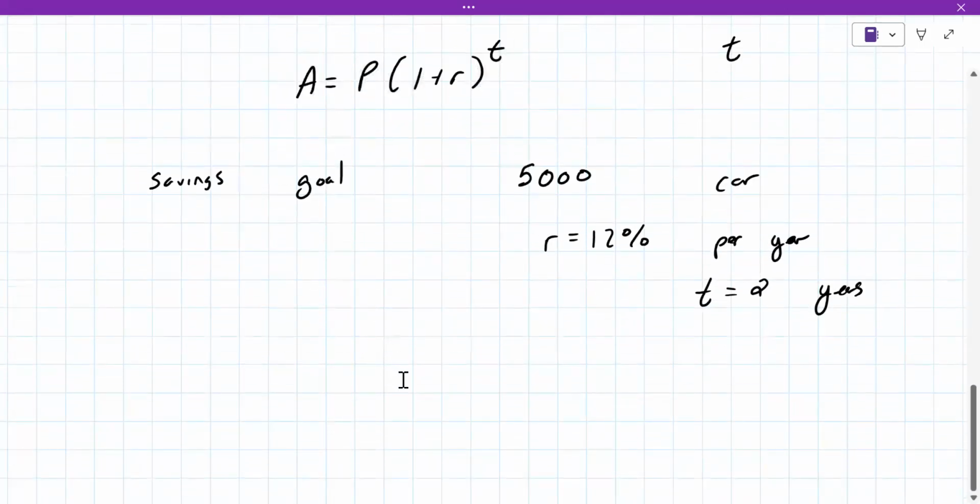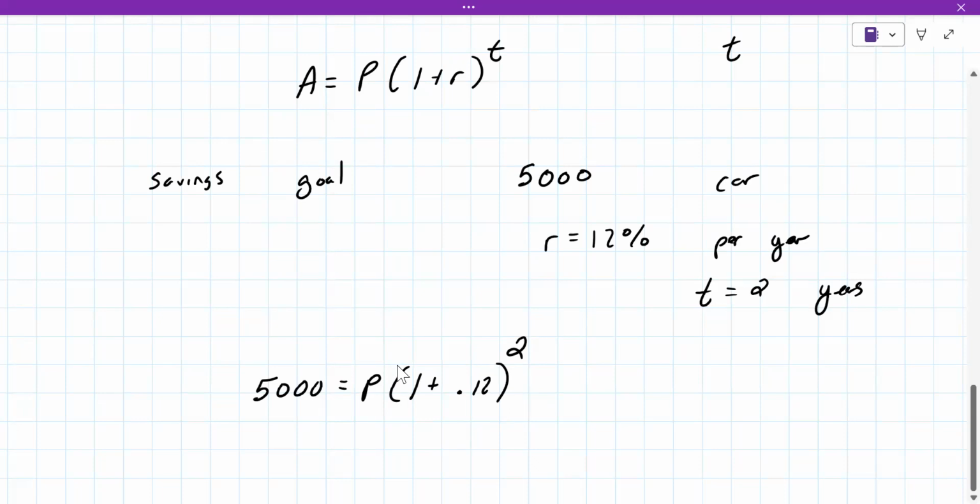Notice here that your future goal is to get to 5,000. We don't know how much you need, but we know that you're going to get a 12% return on your money and you have 2 years to do it in. Do you see that P is the only unknown?